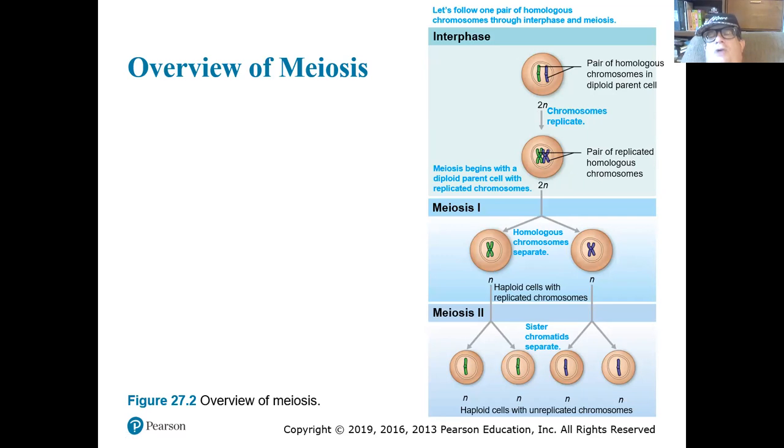Then we're going to go through another cell division. We line them up single file, like there'd be a chromosome here, one here, one here. Right here, we're going to have 23 of those in a row in a human. And then, just like mitosis, we grow the spindle fibers to the middle, we pull and we rip them apart. Okay, so the first cell division, we gently separate the pairs, the paired homologous chromosomes. The second cell division, we take that double chromosome and we rip it in half.